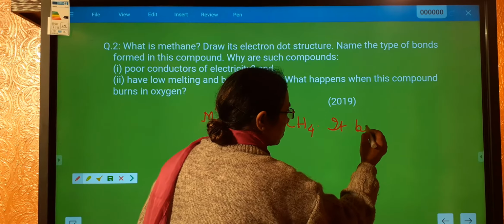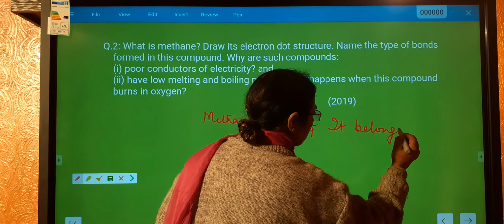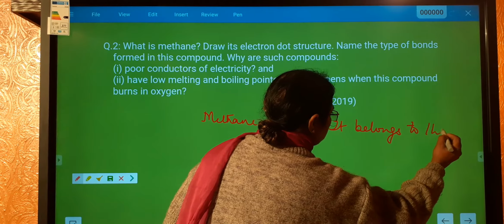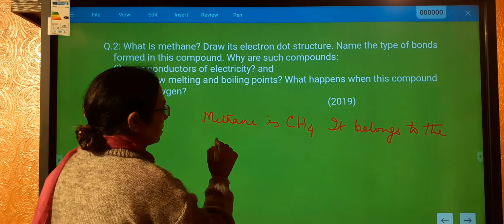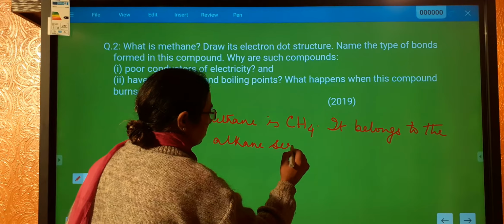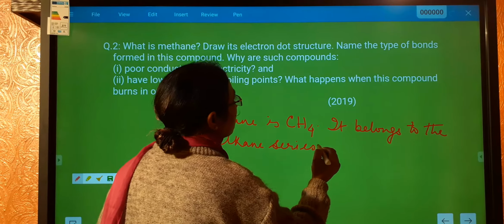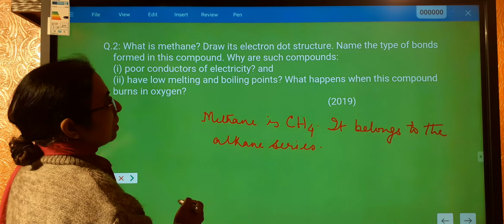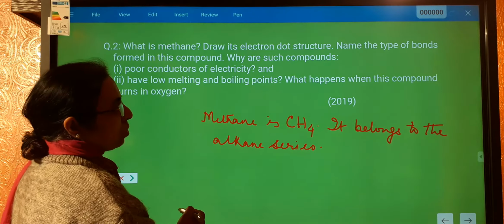It belongs to the alkane series. Name it and draw its electron dot structure.